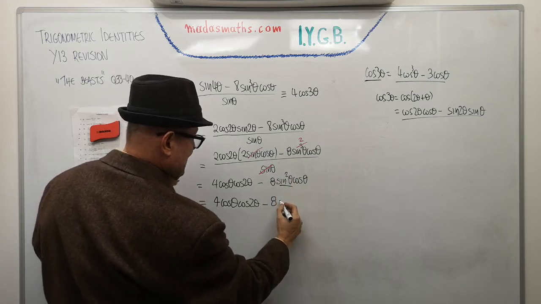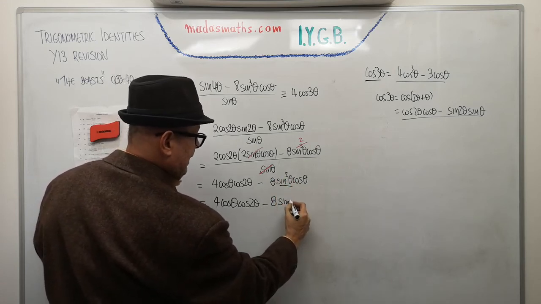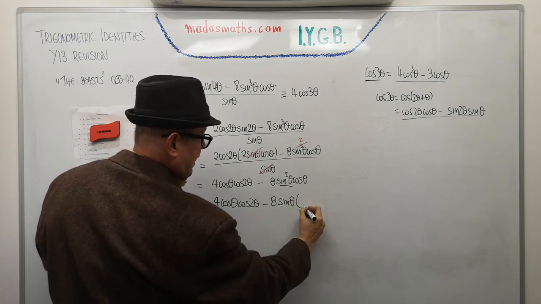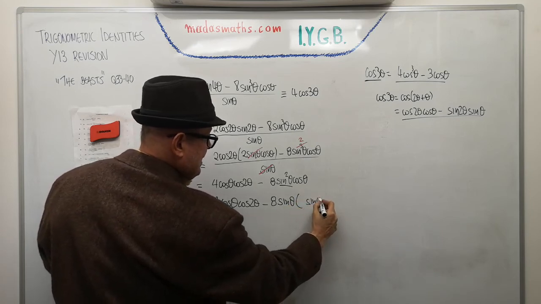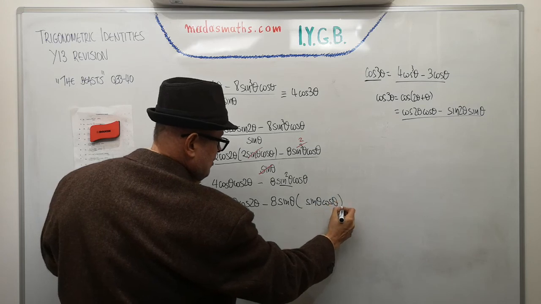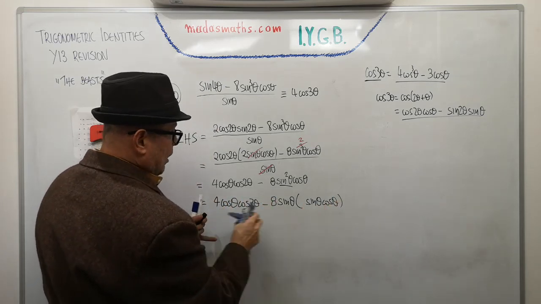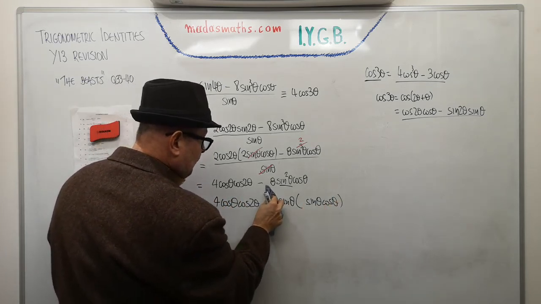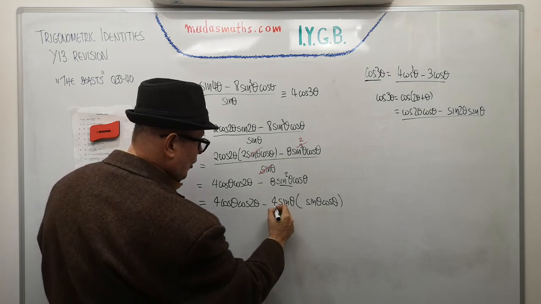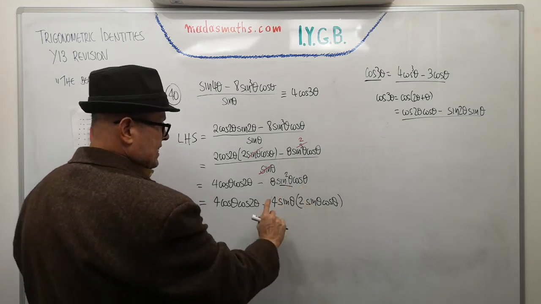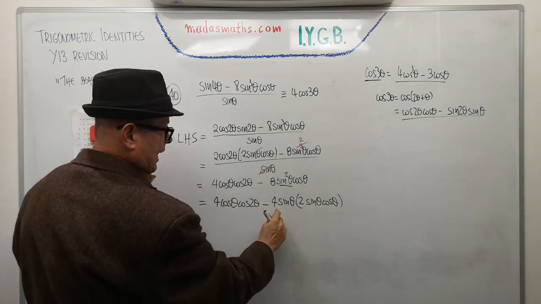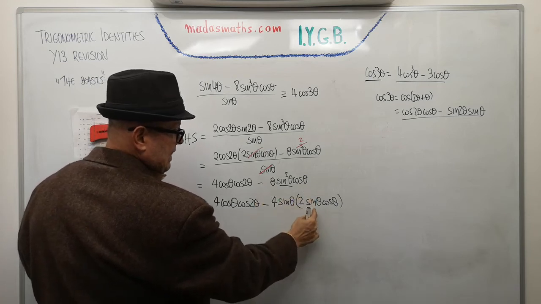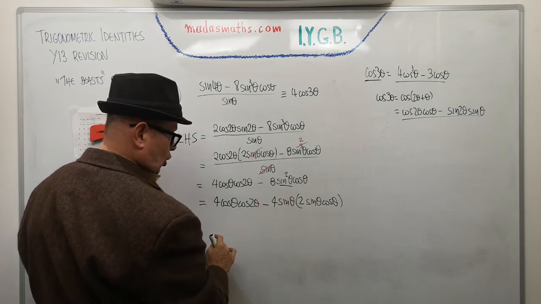I'm going to write it as sine theta. And now I made a little mistake there. I will correct. It's not that. I don't want it as an 8 in there. I want it as a 4. So that's going to be a 4 and the 2 in there. So just checking that everything is correct in there. 4 times 2 is your 8. There's your sine squared and there's your cos.